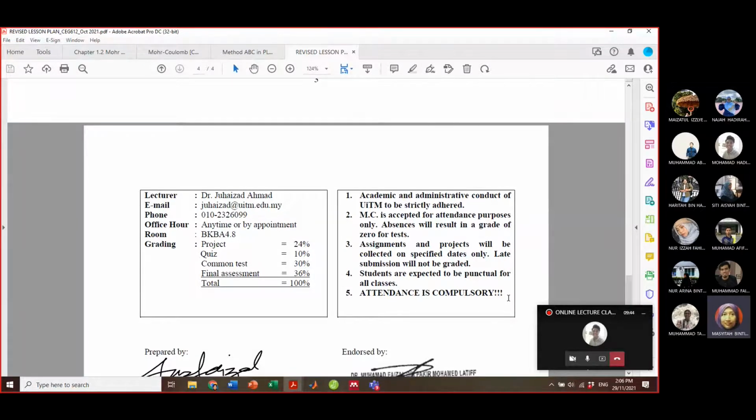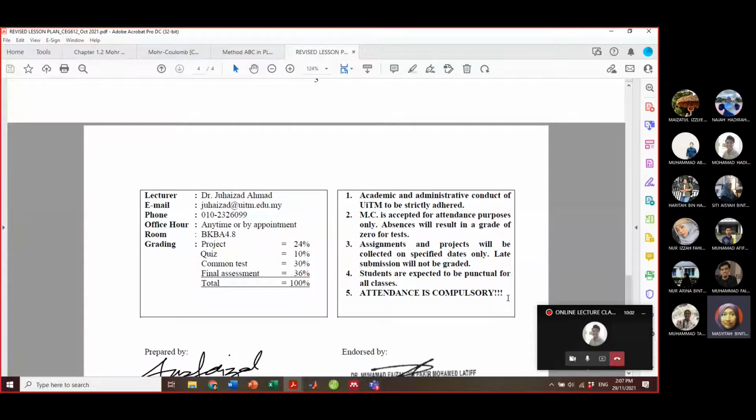Kat situ kita akan hands on Plaxis for the next 3 weeks. Kemudian remaining topics pun kita akan buat face-to-face class di makmal tersebut. So anything will be informed through WhatsApp, and you can also personally ask.